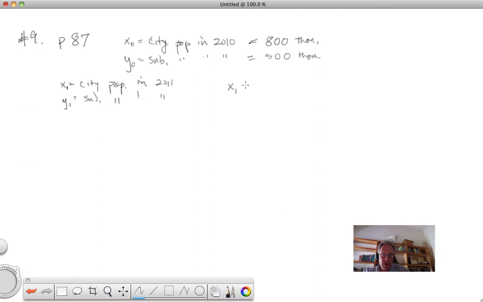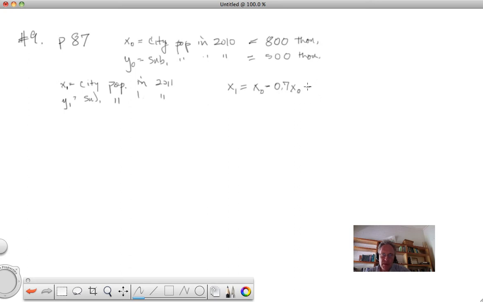We know that x1 will consist of everybody who was in the city in 2010, x0, minus the 7% of the urban population that actually leaves.